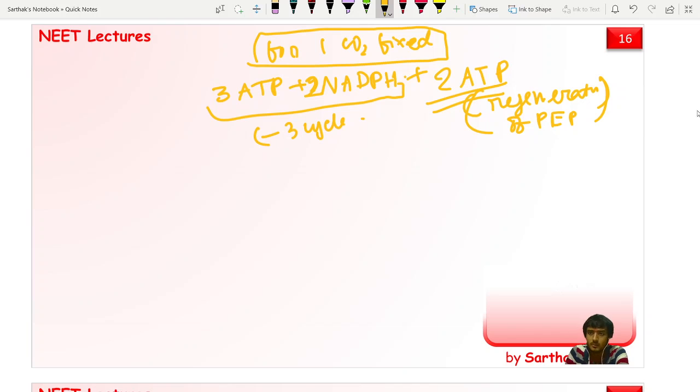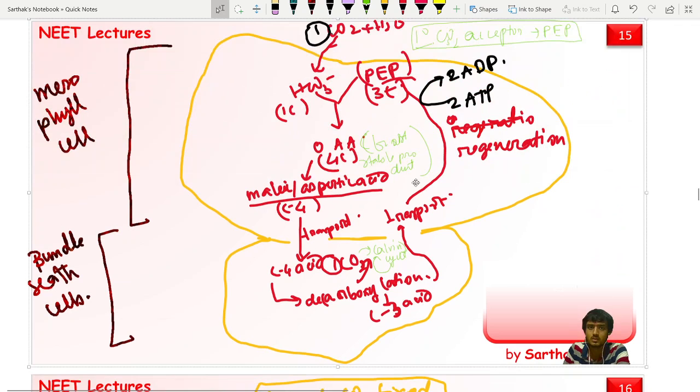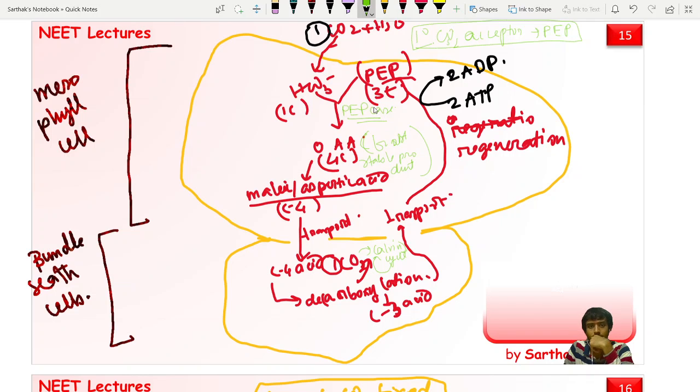Oh, sorry, I forgot to mention the name of the enzyme here. The enzyme which is responsible for the fixation of the carbon dioxide or the bicarbonate ion here is PEPCase.